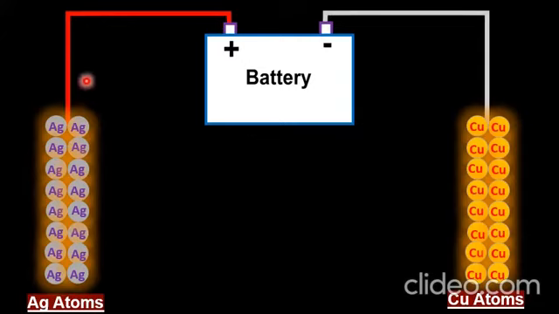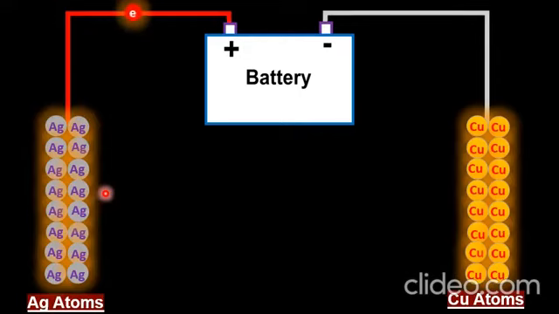So when an electron is taken away from the silver atom by the positive terminal of the potential source, the silver atom, which is in a neutral form and is a part of the silver plate, will be converted into a silver plus 1 ion, like this.